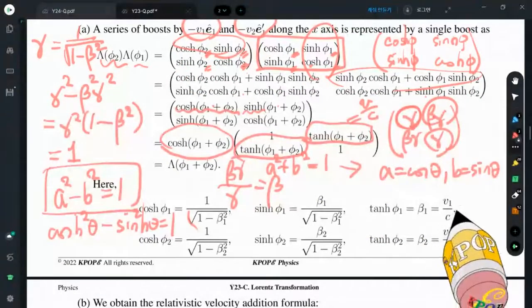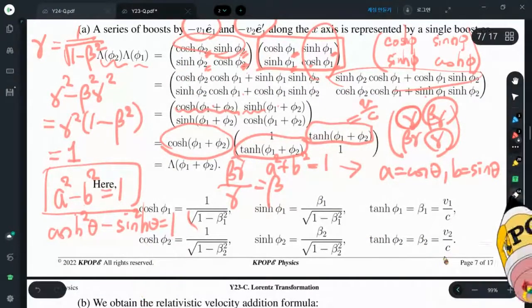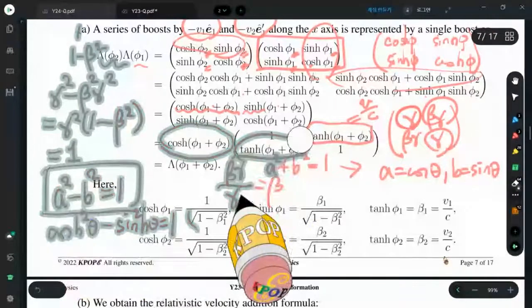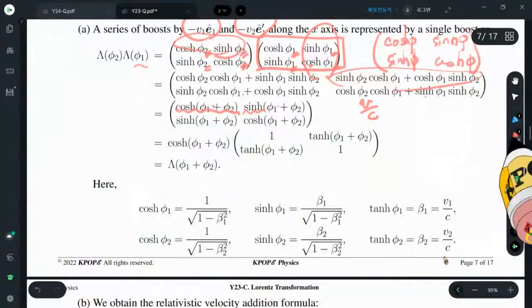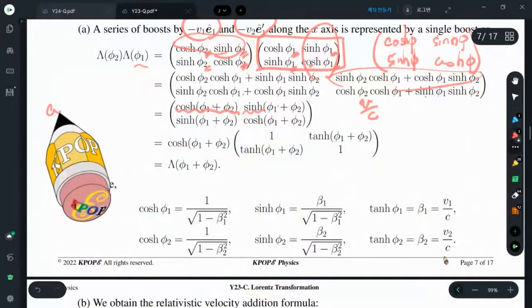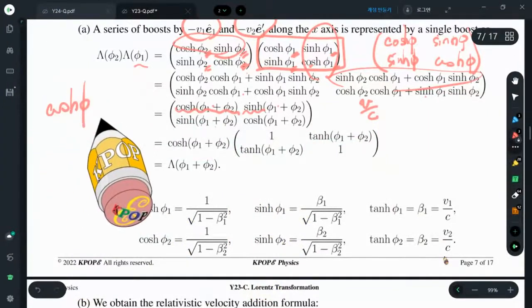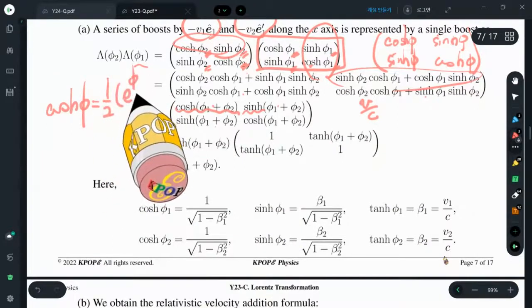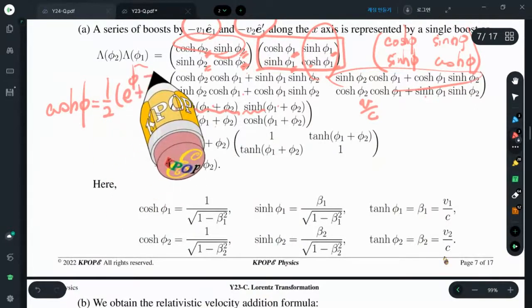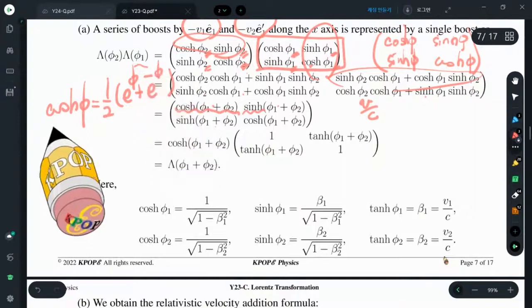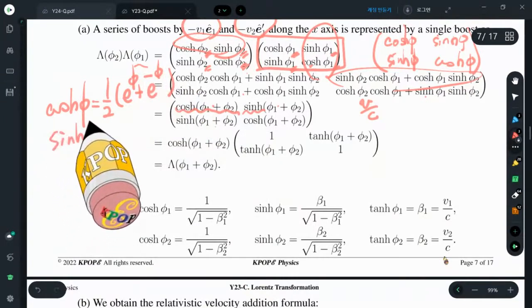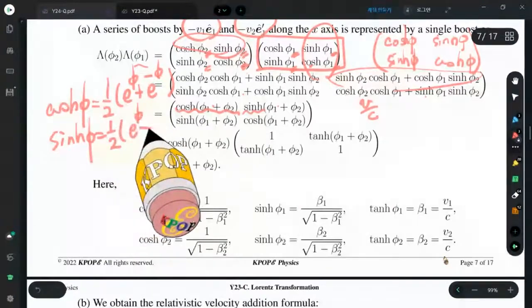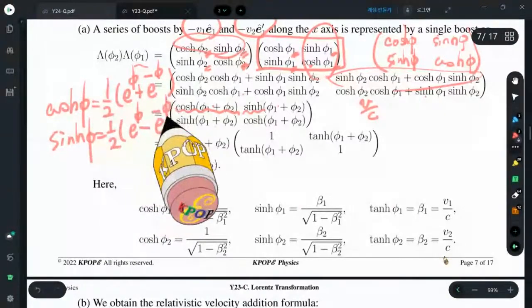By the way, what is the hyperbolic function in detail? Cosine hyperbolic phi equals 1/2 (e to the phi plus e to the minus phi). Sine hyperbolic phi is 1/2 (e to the phi minus e to the minus phi).